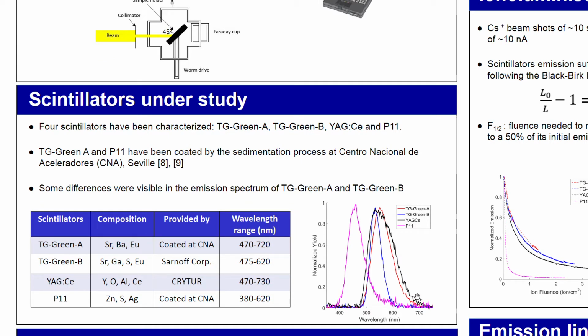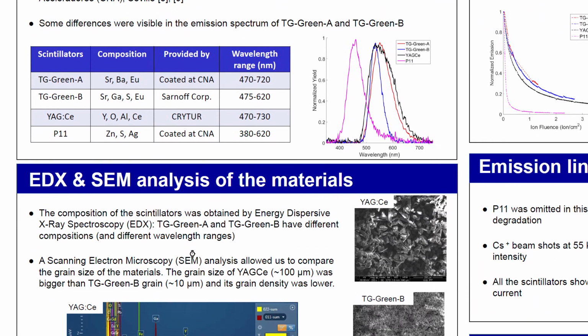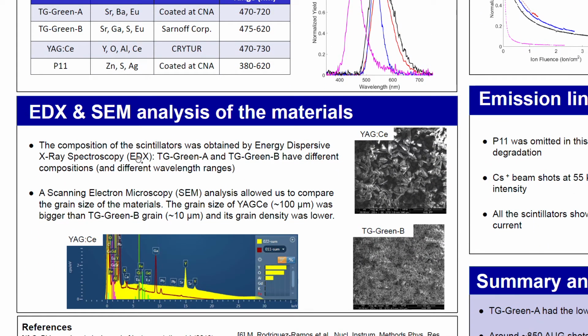We have found in the spectrum of the light emitted by the scintillator some differences between TG Green A and TG Green B. These differences could be explained by the composition of these scintillators, as we can see here. This composition was measured by energy dispersive X-ray spectroscopy.